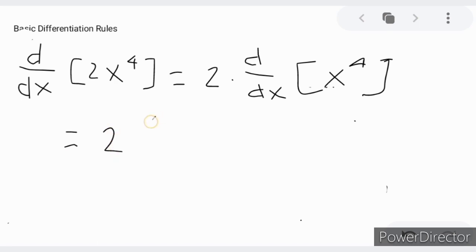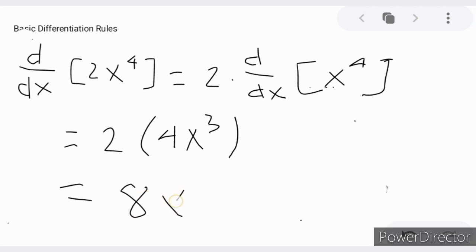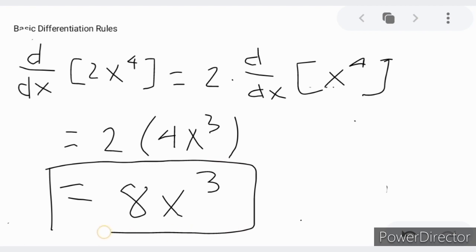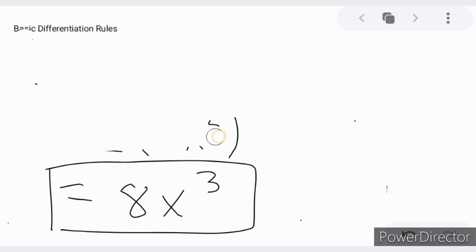So rewrite 2, and the derivative of x raised to 4 is 4x cubed, and multiply it, which is 8x cubed. So that is the derivative of 2x raised to 4.